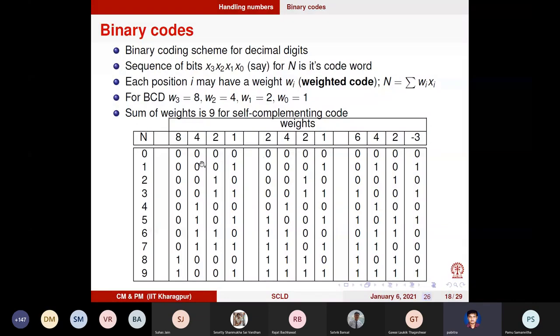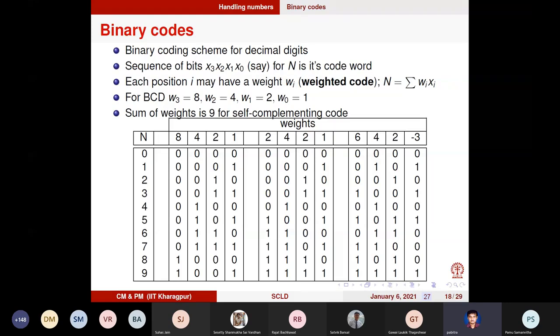There are other possibilities. You may generalize beyond this 8421 weightage to a general class of codes called weighted codes. All these represent a decimal number by a binary string. If there are n decimal digits, there are 4n bits in the binary string for the BCD case.